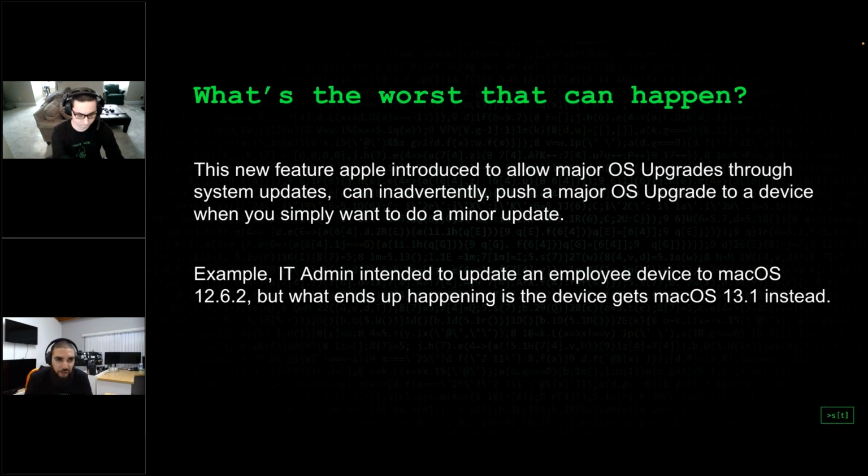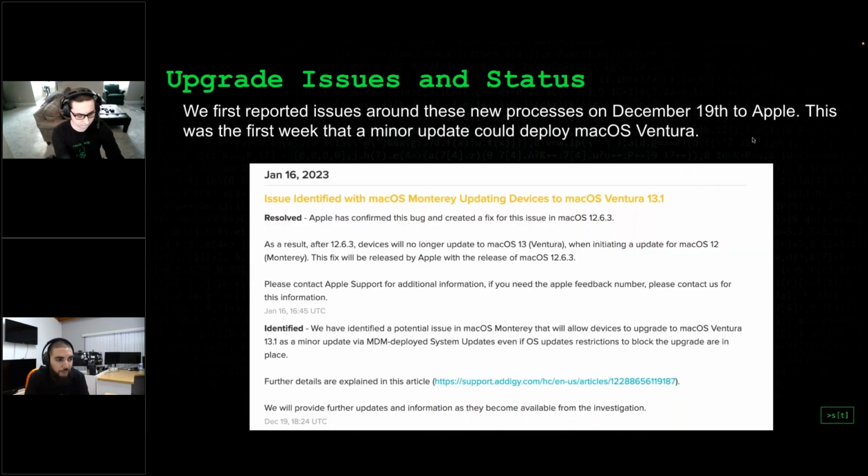And we actually found this out the hard way and posted to our status page, because the week of December 19th, when this deferral window started not mattering anymore, the minor updates became available as system updates.